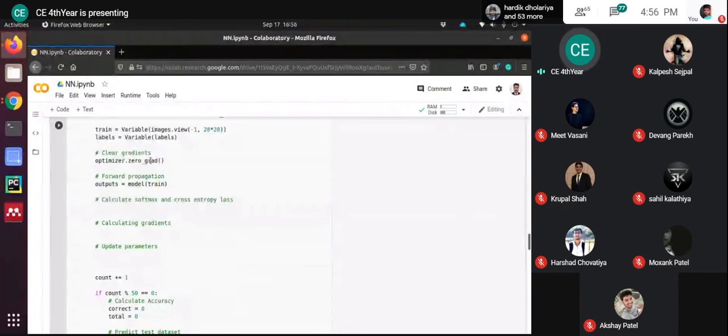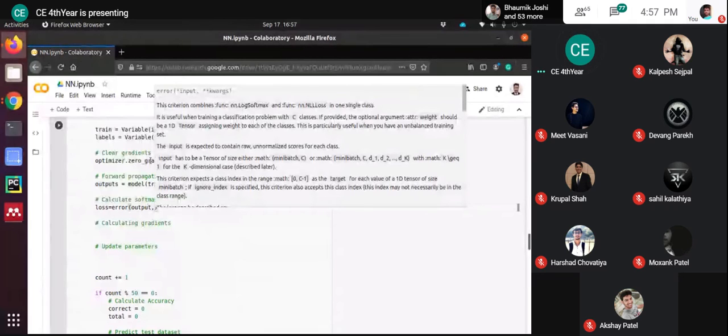And as we know that it's a classification problem, and as we have just referred in the slide, next, whatever output is produced by the model, we are supposed to apply the softmax. And for that the error would be the cross entropy loss. So let's say the loss would be the cross entropy loss with output, and the original output is labels.